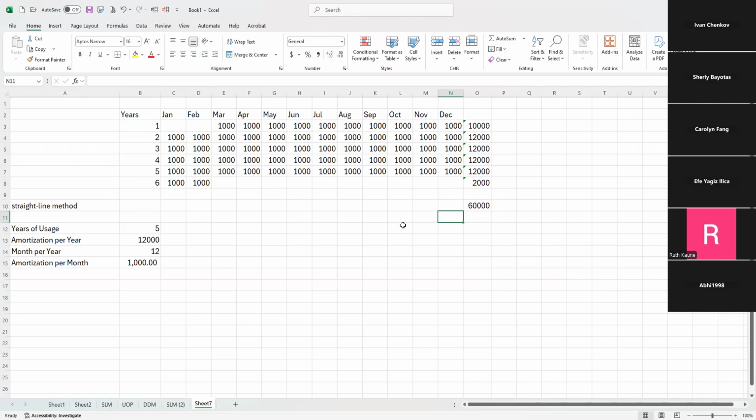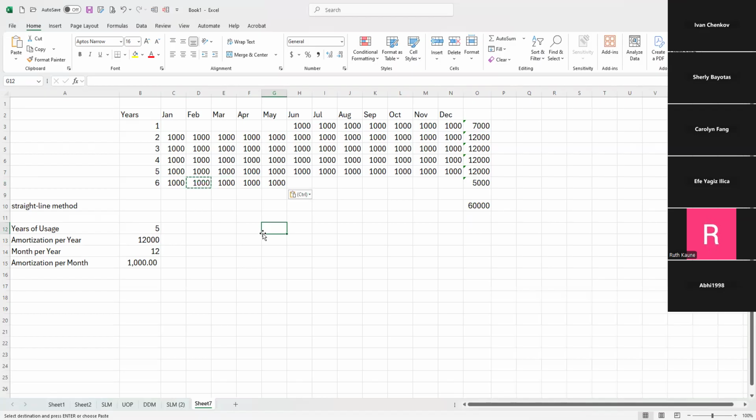So does it matter which month we start amortization? No. The only thing we have to do is make sure that the months you're missing in the first year, you add on the last year. If you're missing 5 months, add it to the last year.